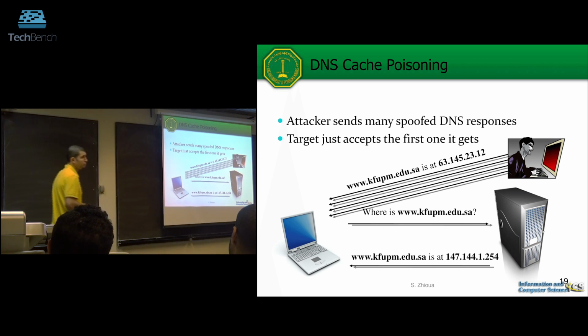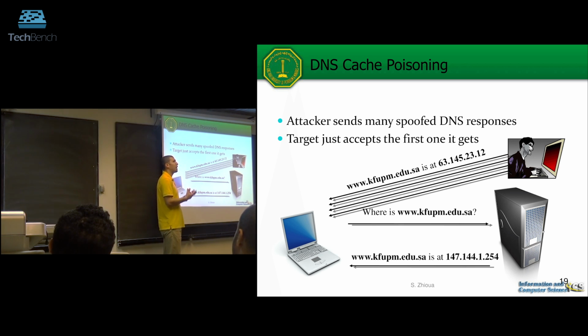There is no protection for this. DNS is not secure by design. In the original version of the DNS protocol, it will not protect against this, so you need to add some protection.